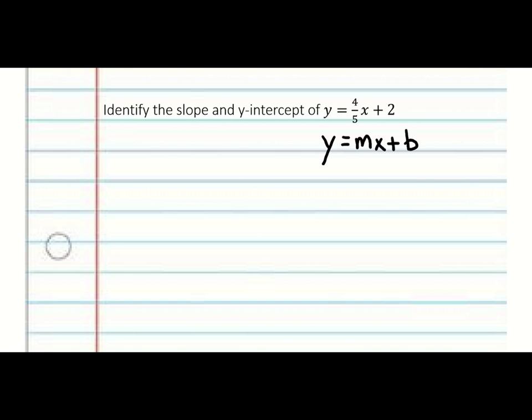So when we want to identify the slope, slope is always represented by the letter m. So we're going to say that m equals, and then we're going to look in the equation from slope-intercept form and write down the number that's right in front of x. In this case, that number is a fraction. So we're going to say the slope of this line m is 4/5.